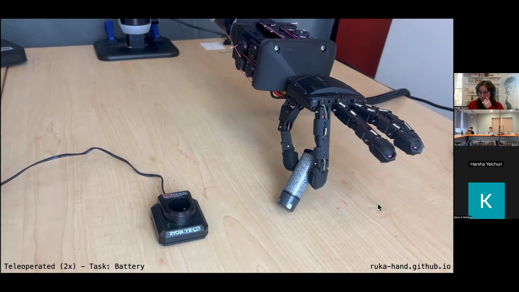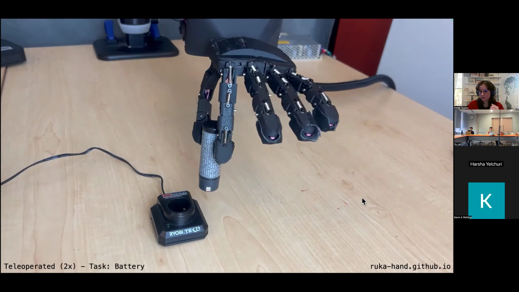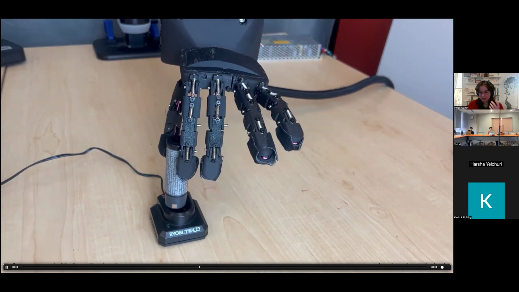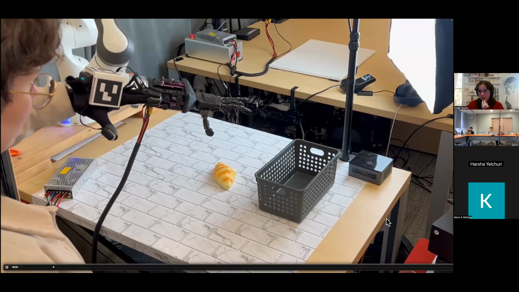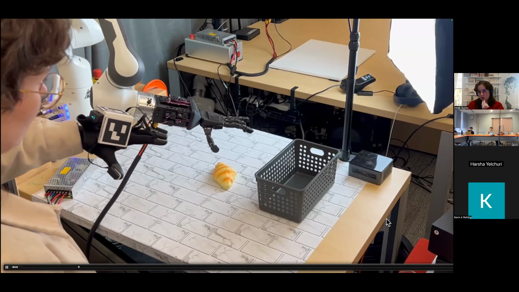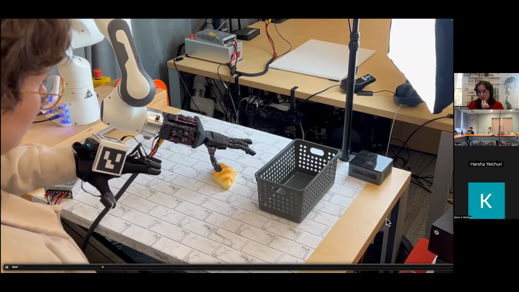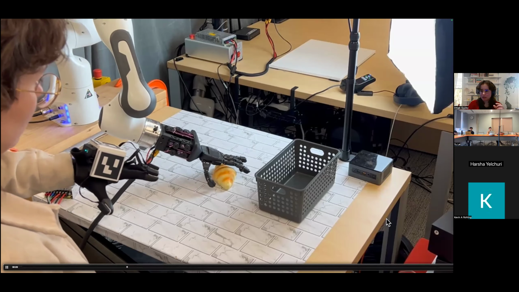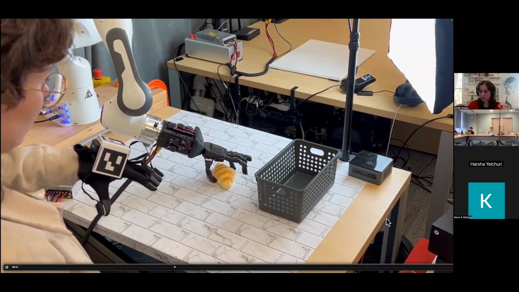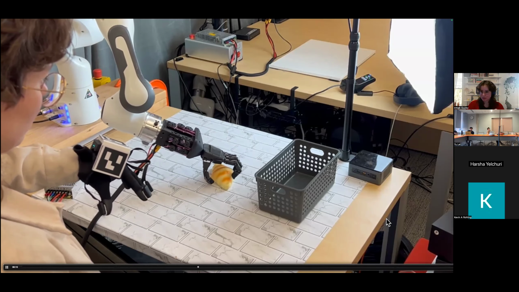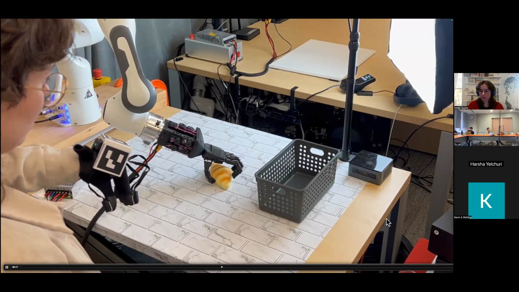That was the thought: as long as we can use a human device on a robot, then we can learn human-like behaviors on the robot as well. That was the overall idea.